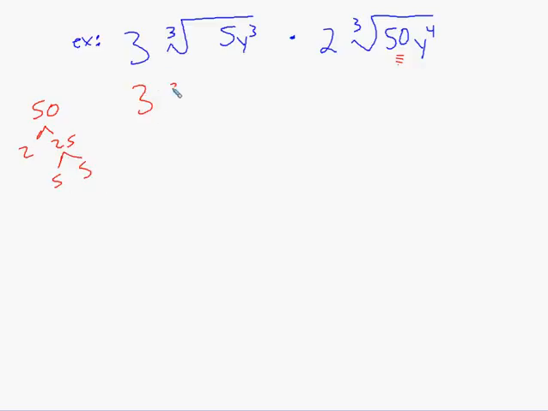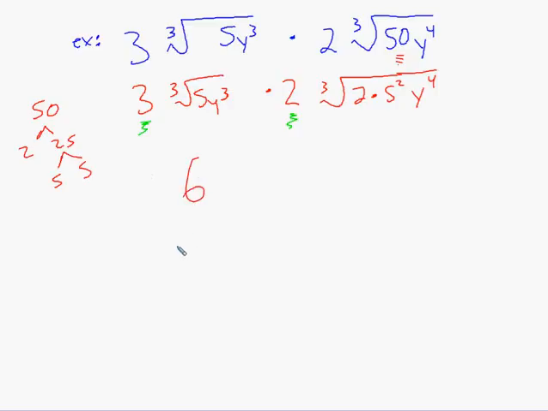So I have 3 cube root 5y cubed times 2 cube root 2 times 5 squared y to the 4th. Okay? Now, how do I multiply this? Does it make sense to just go ahead and multiply the 3 and 2? 6.